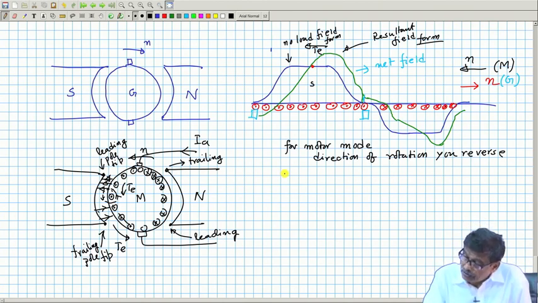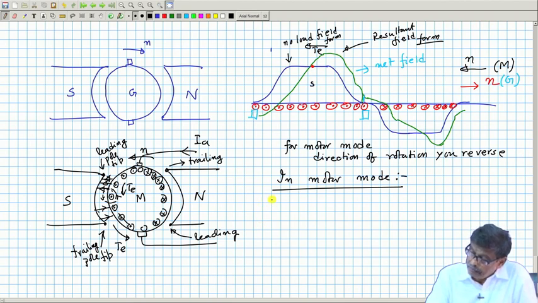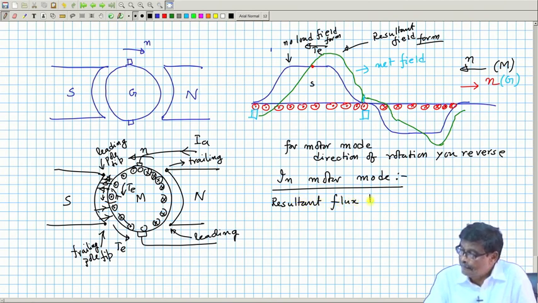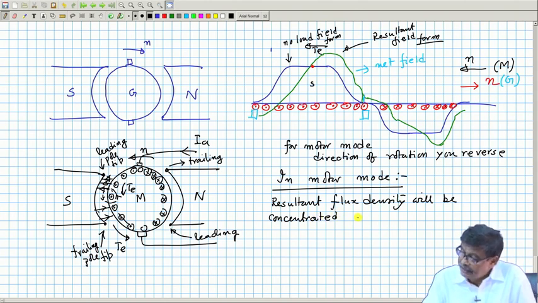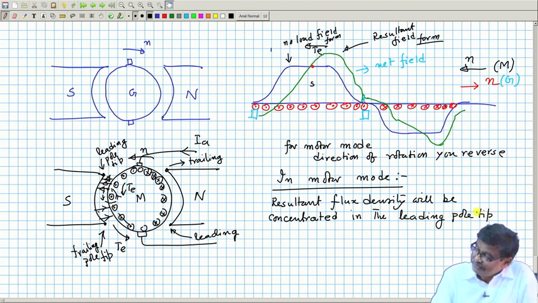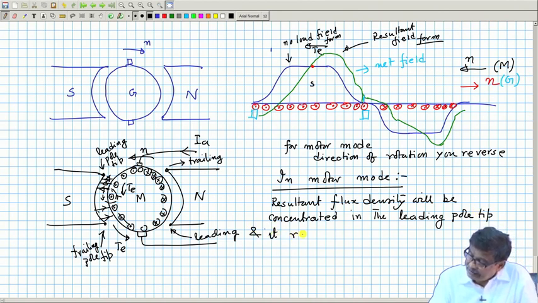But the only thing, in motor mode, we must not forget, the resultant flux density will be concentrated in the leading pole tip, and it will be rarefied in the trailing pole tip.